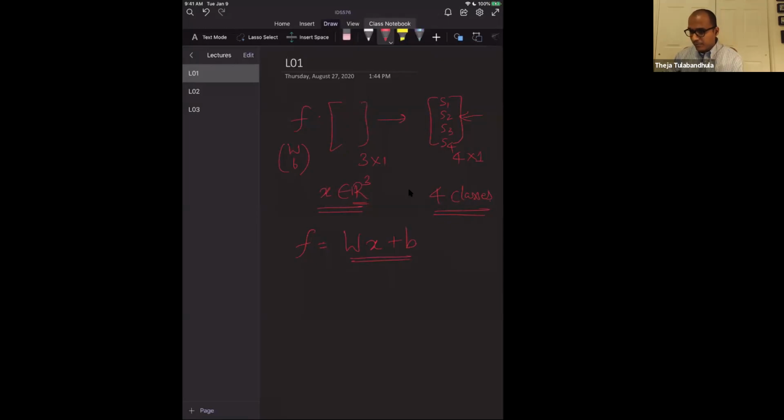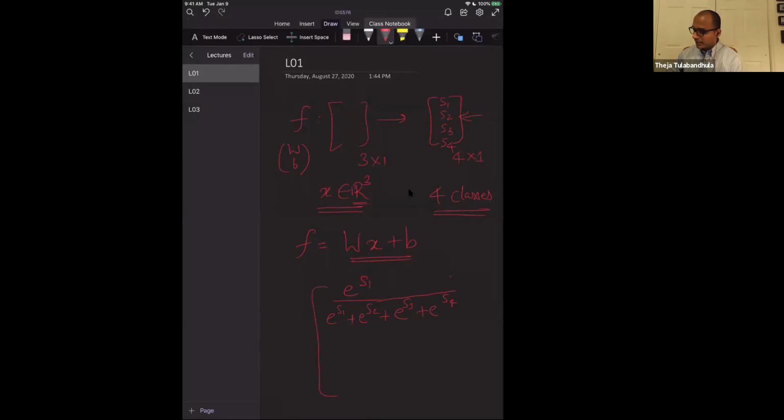To sandwich them back to 0 and 1, you can do a transformation, which is maybe for the first coordinate, e to the power S1 divided by e to the power S1 plus S2 plus S3 plus S4.